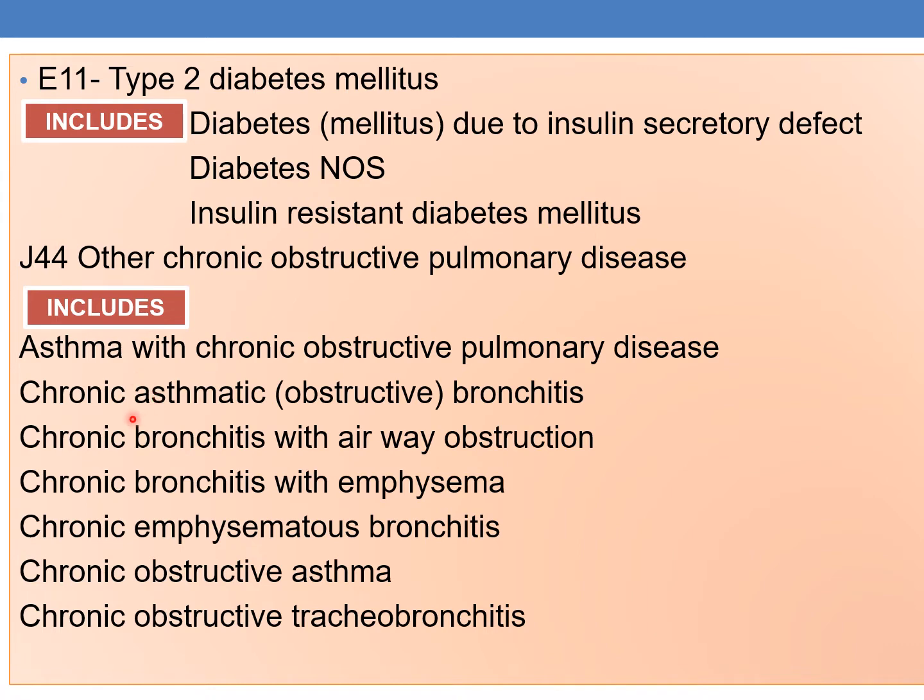Similarly, whenever he documents chronic asthmatic bronchitis, then also you have to code the J44 series. And when he documents chronic bronchitis with airway obstruction, similarly chronic bronchitis with emphysema, chronic emphysematous bronchitis, chronic obstructive asthma, chronic obstructive tracheobronchitis, in all these cases, you have to code only the J44 series.